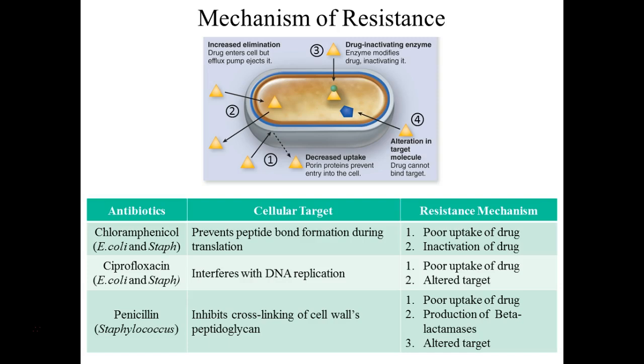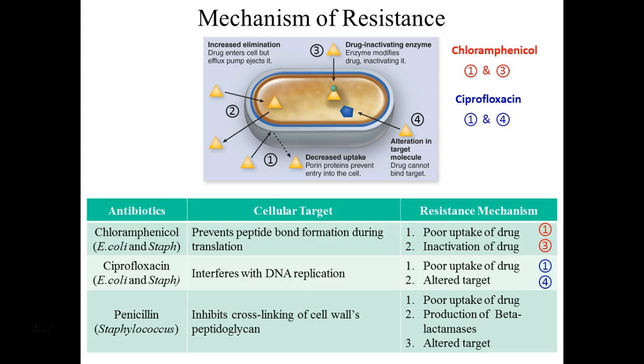Okay, so moving on. For all the antibiotics out there, there are some microorganisms that are resistant. It's just going to happen, right? So chloramphenicol, right? Some bacteria don't take it up, or they can inactivate the drug. For ciprofloxacin, again, poor uptake or alteration of the target.